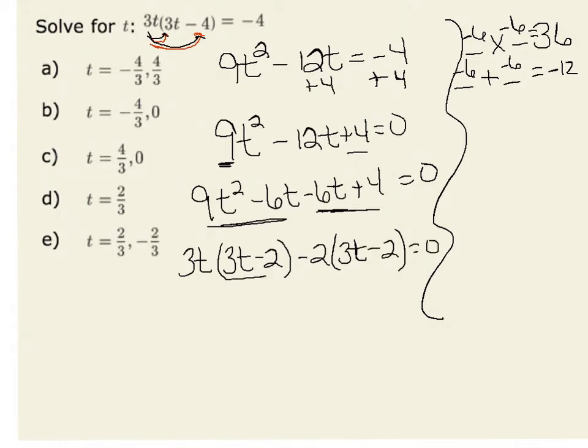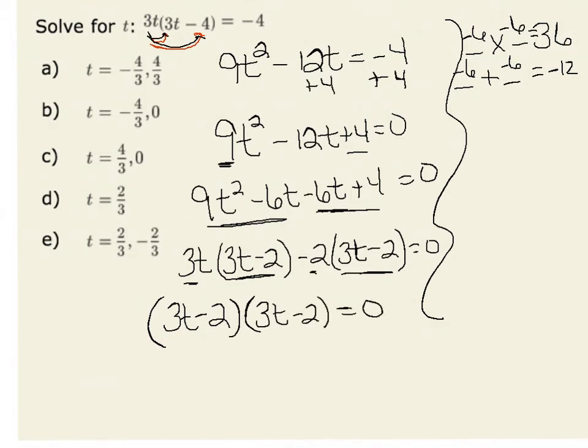Now I can see the common factor of 3t minus 2. Factoring that out from both terms, I am left with 3t minus 2 times 3t minus 2 is equal to 0.